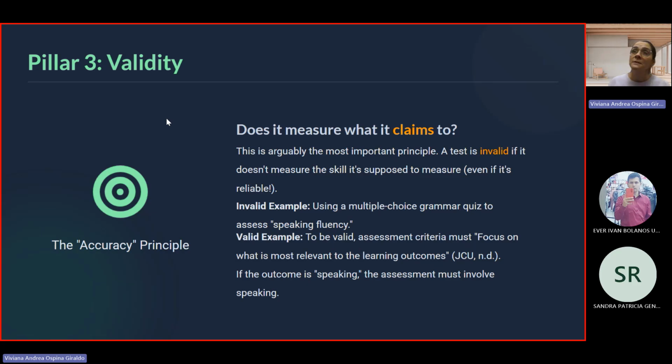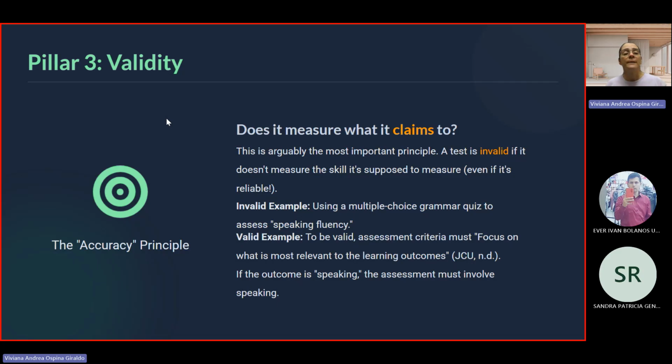Because sometimes I am doing a writing test and it ends up being only reading, or I'm doing a speaking test and it ends up being grammar. So does this test really measure what it's supposed to?